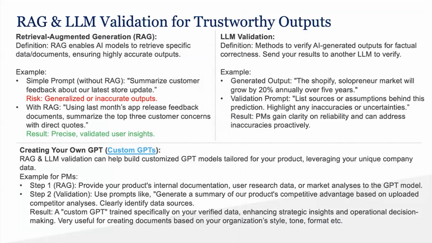So what is RAG? RAG stands for Retrieval-Augmented Generation. It essentially means that, hey, in addition to the context that the LLM already has, based on the data that it has been trained on, you can also provide additional documents that augment its knowledge.